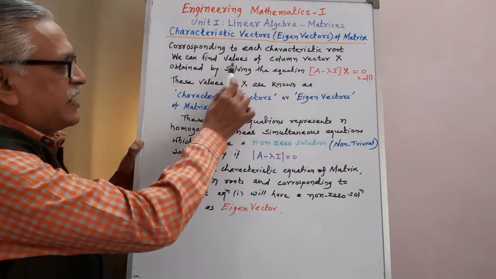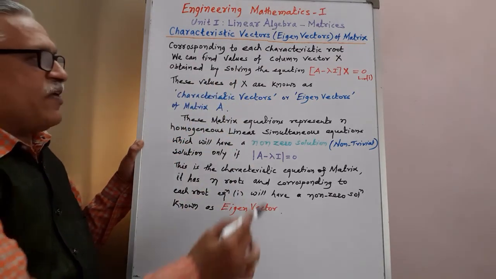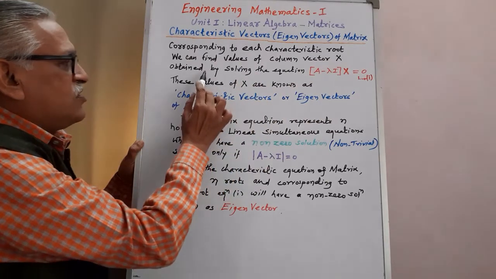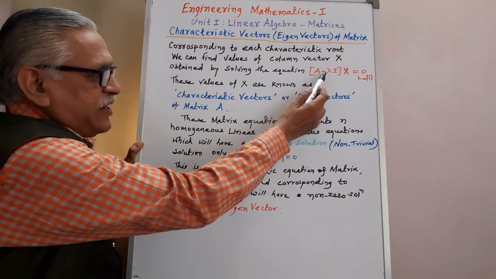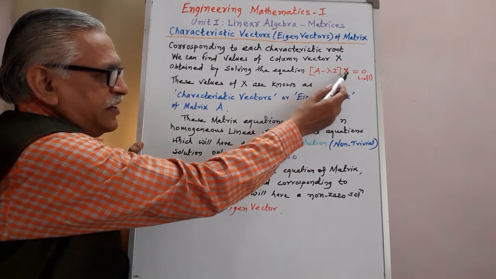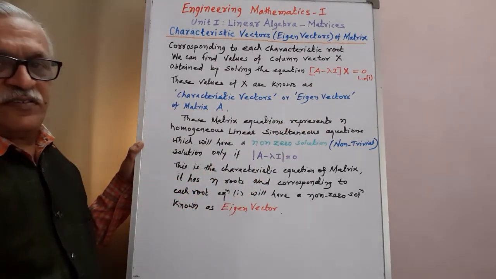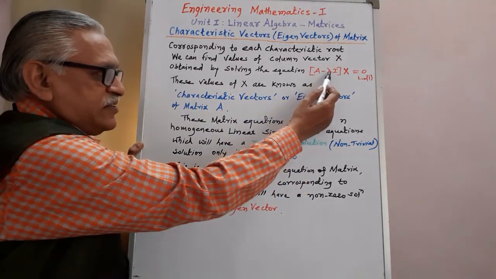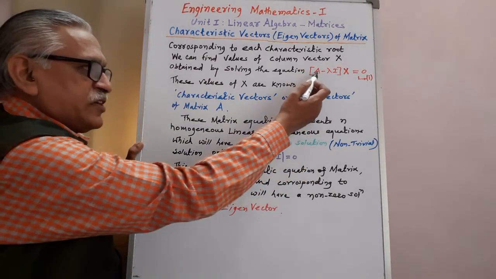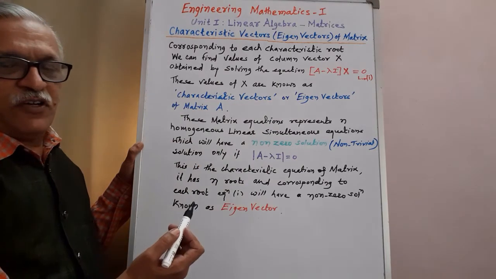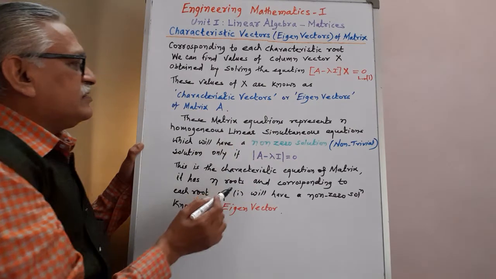Corresponding to each characteristic root, we can find values of column vector capital X obtained by solving the equation (A minus lambda I) X equals 0, where A is the given square matrix, lambda is any scalar quantity, and I is the identity matrix of the same order as the given matrix A. We call this equation 1.